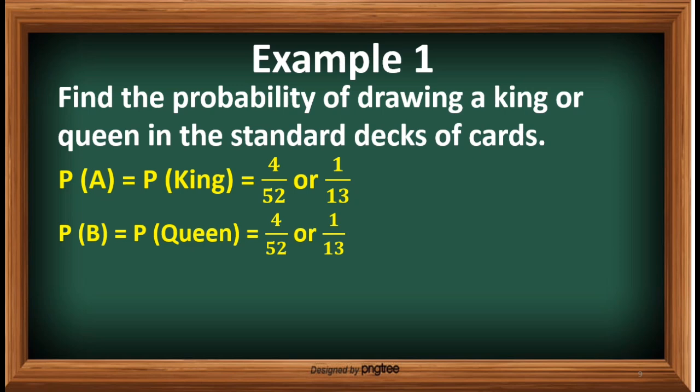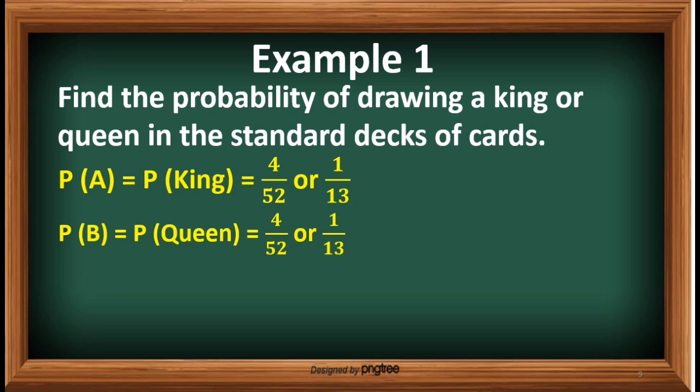There are also 4 queens in the standard deck of 52 cards. So the probability is 4 over 52, the number of favorable outcomes divided by the number of total possible outcomes, or the sample space, and the lowest term is 1/13.